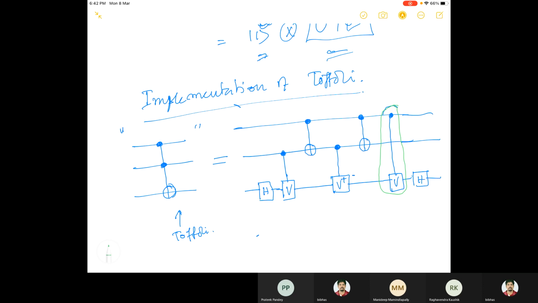But the first one controls the third one. It need not be true that only consecutive qubits are target and control. The first can be controlling the last one, or maybe the fifth one controls the 10th one, and so on. So this is called the depth or the height of a CNOT gate.